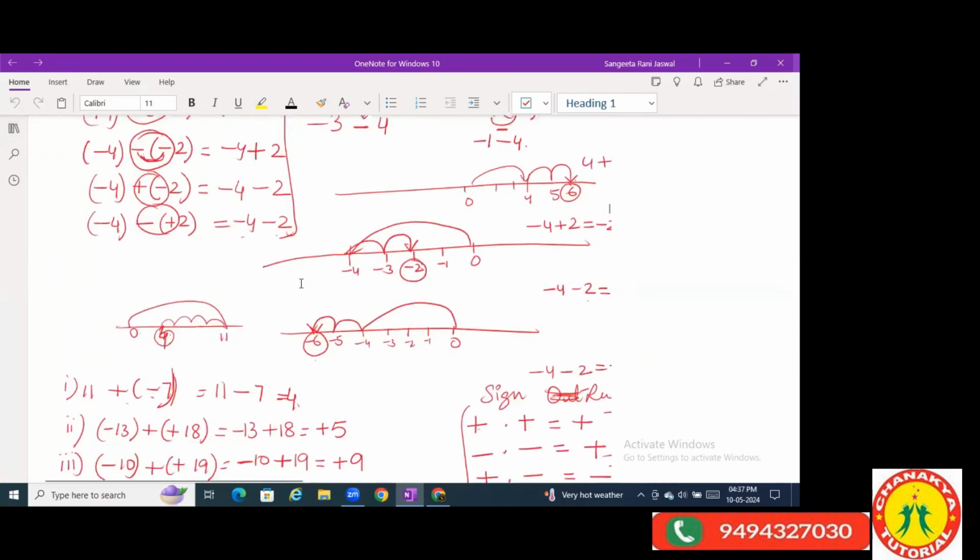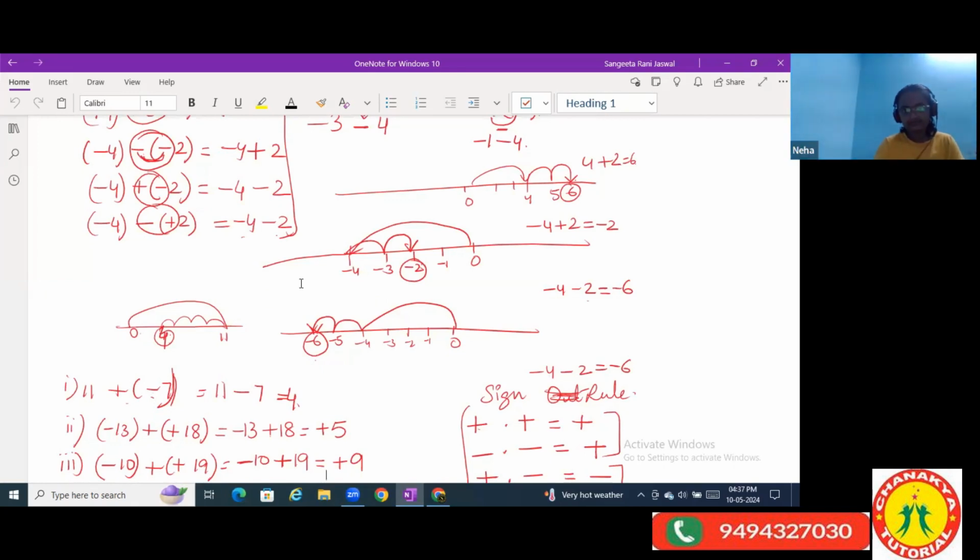Okay, so we had done about the sign rules. We were doing the addition and subtraction on the number line and without the number line also.